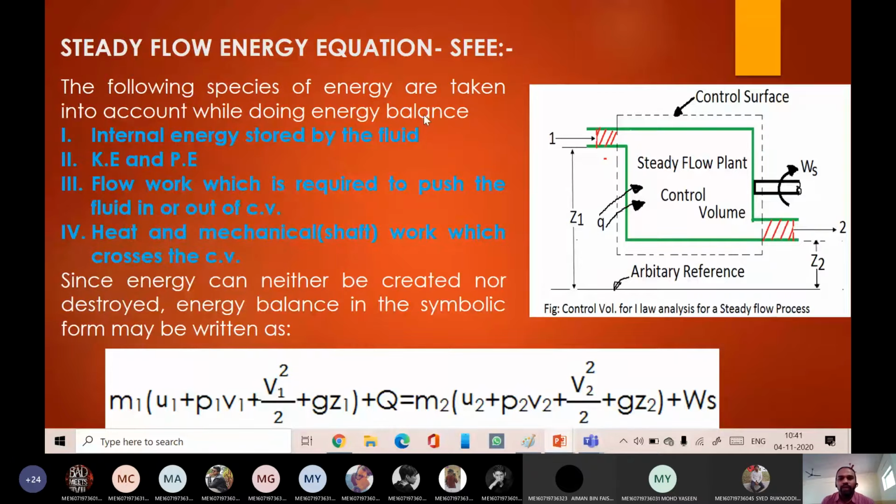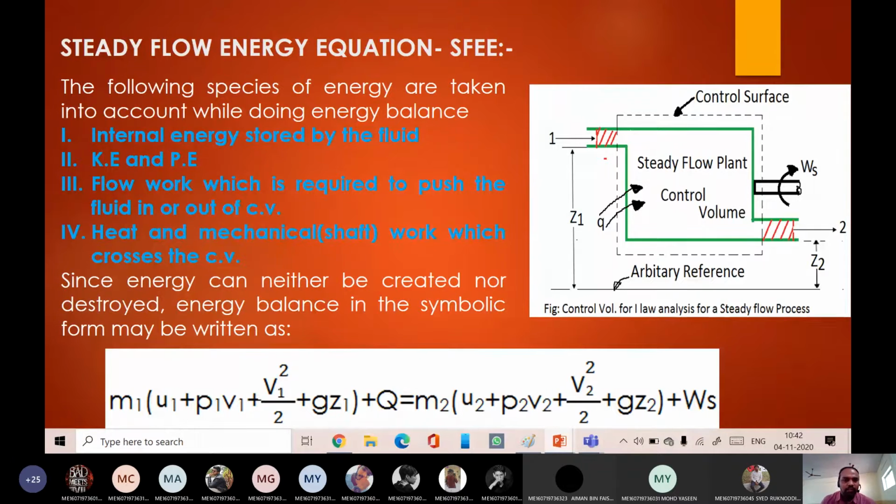Now here we are considering the species of energy, starting with internal energy. What is internal energy? The energy stored by the fluid internally. If you remember, in an isothermal process the work is done at the expense of internal energy, because the temperature is constant.